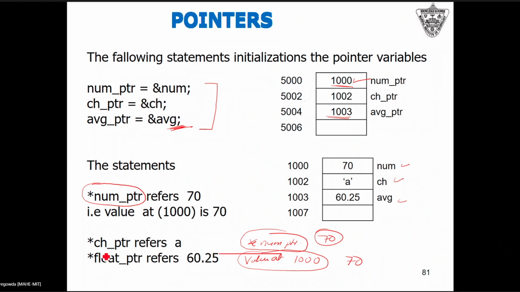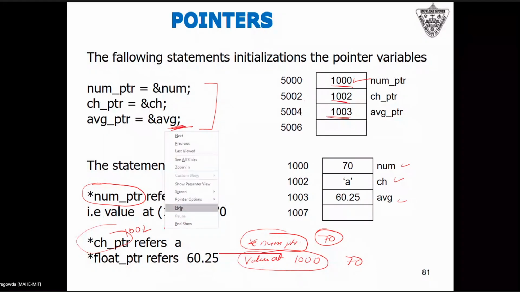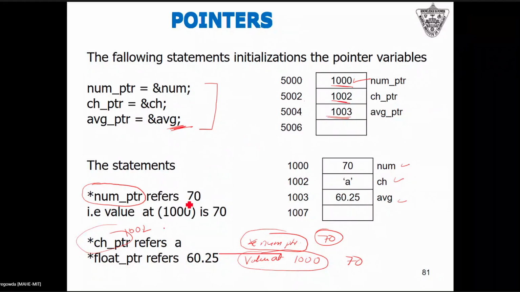Okay, similarly *chptr, value at chptr, that is 1002. The value at 1002 is nothing but the value of the symbolic name ch, whose value is a. It means that *chptr refers to the character a.